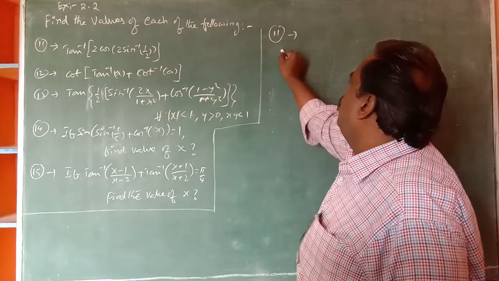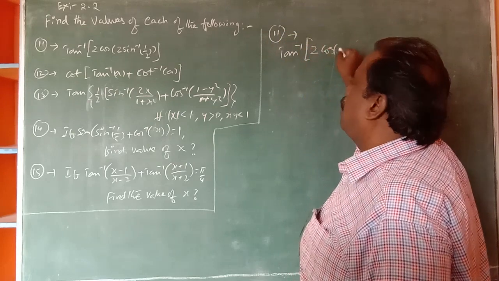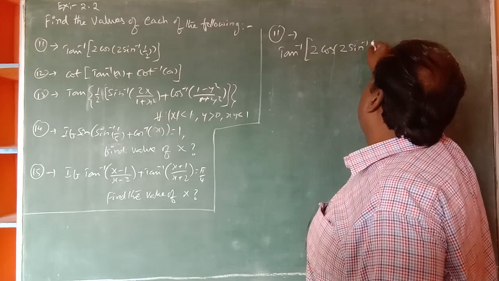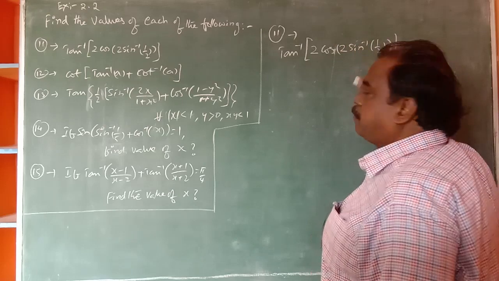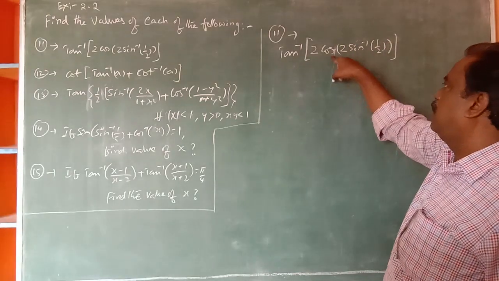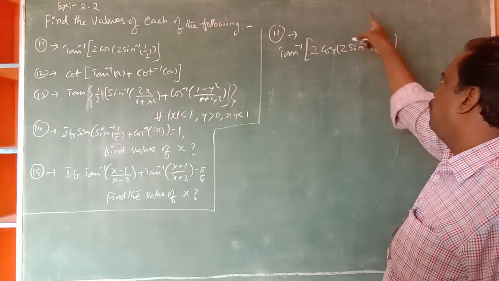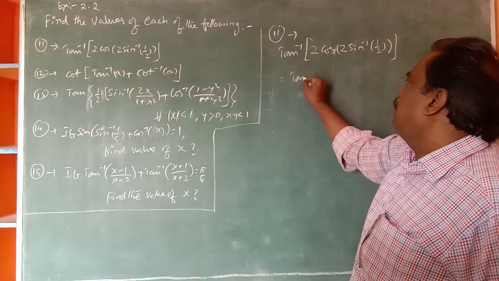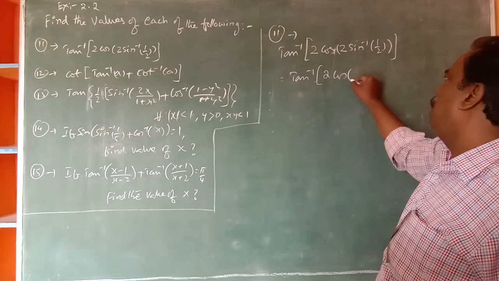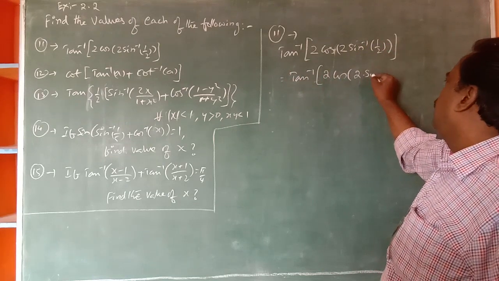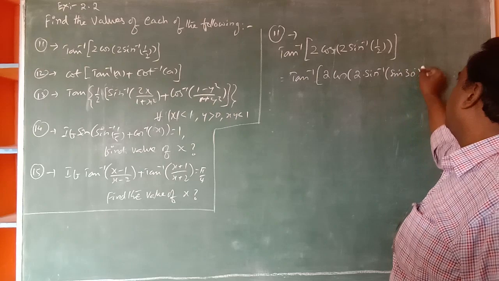Now the 11th one. We are given tan inverse of 2 cos of 2 sin inverse 1 by 2. What is the value of this expression? It is tan inverse of 2 cos 2 into this sin inverse 1 by 2, which is sin 30 degrees.